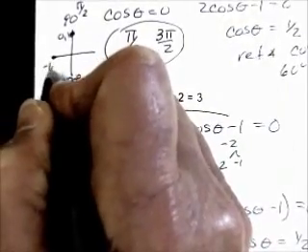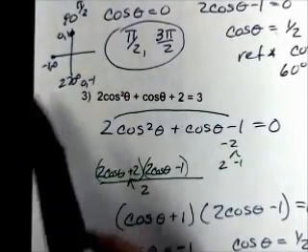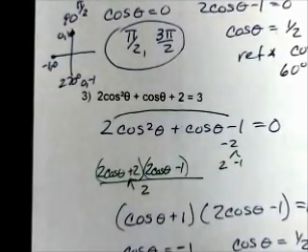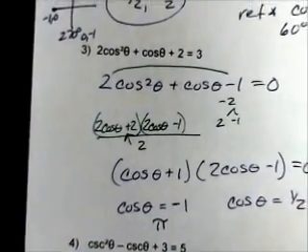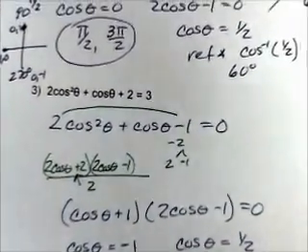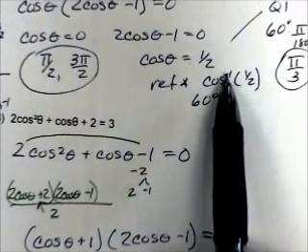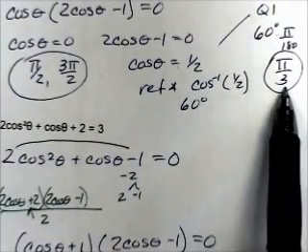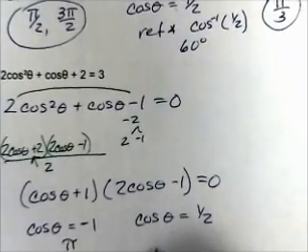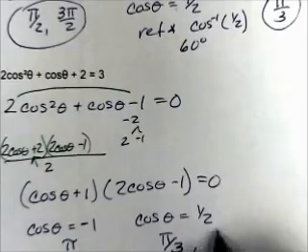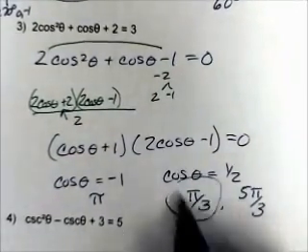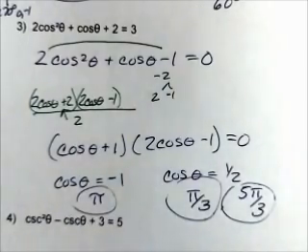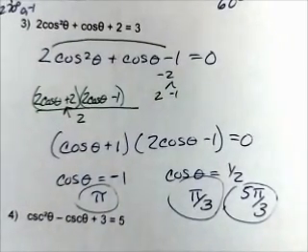That is for our 180-degree angle, right? Or pi radians. And cosine theta equals 1/2. We already found that from number 2 above. So let's just give those answers of pi/3 and 5 pi/3. Save us some time here. And there we have our 3 values for theta that would satisfy this equation.